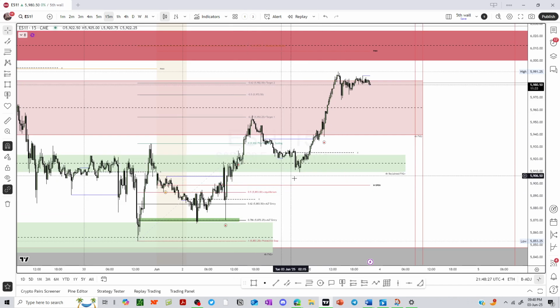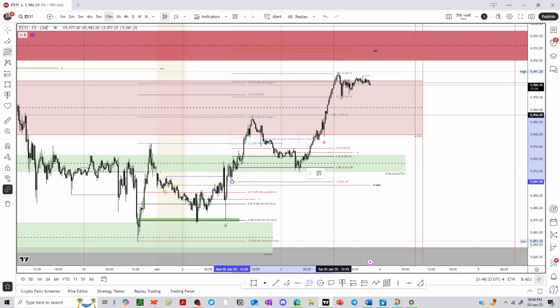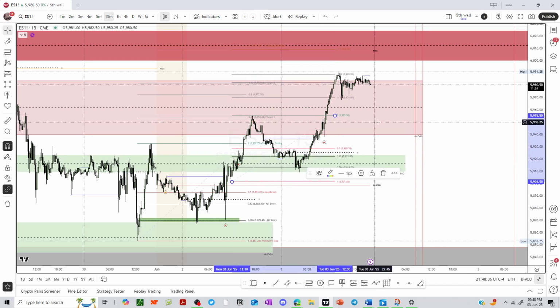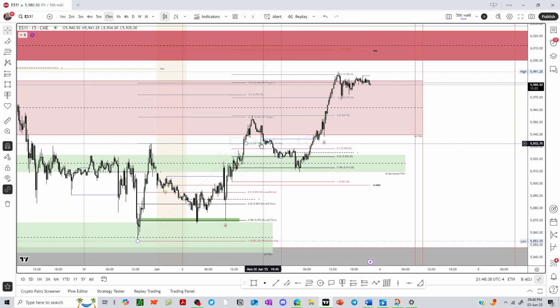All right, bam, optimal trade entry again for another daily setup. I'll eyeball this one. Yeah, that's pretty good. That's the high 59, 55, 50.